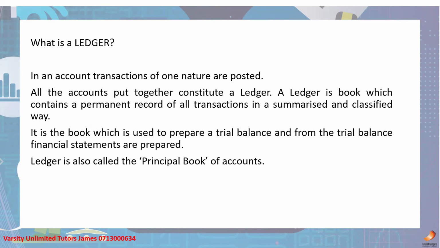For example, the sales ledger will tell you all of the sales that happened for the year, that this year we made sales of 3 million, the final total sales ledger value. So a ledger gives you what is happening in the business in total.